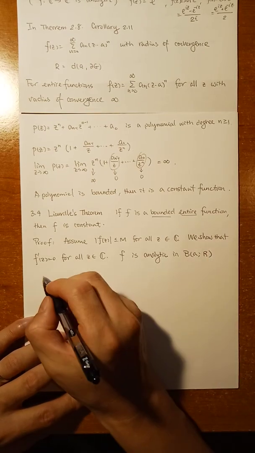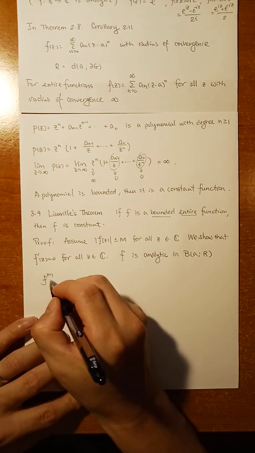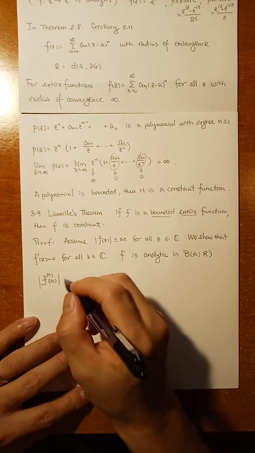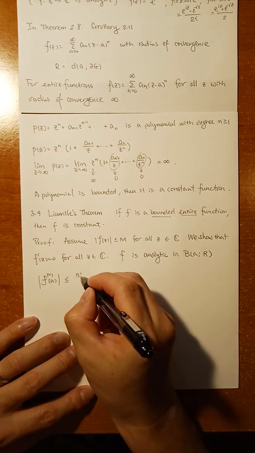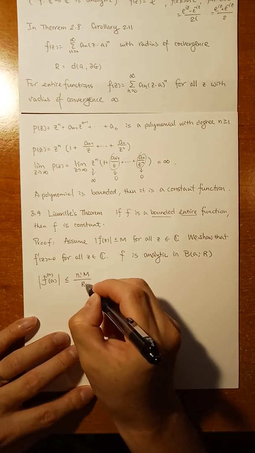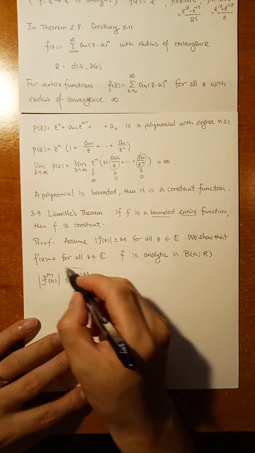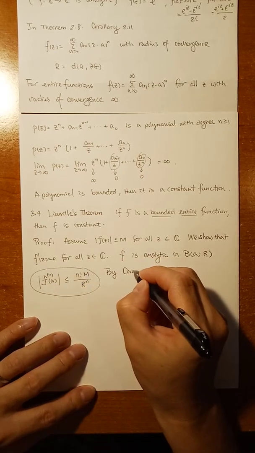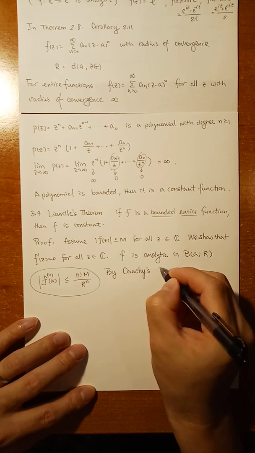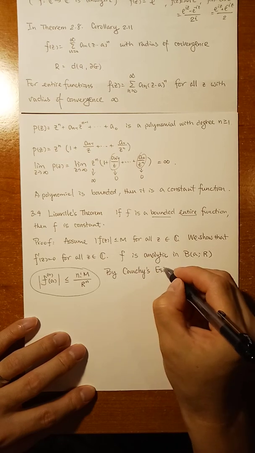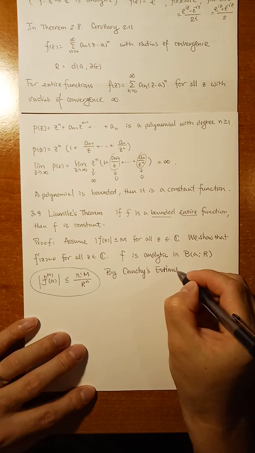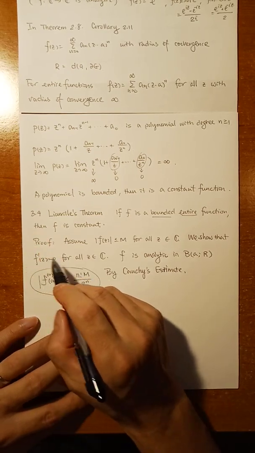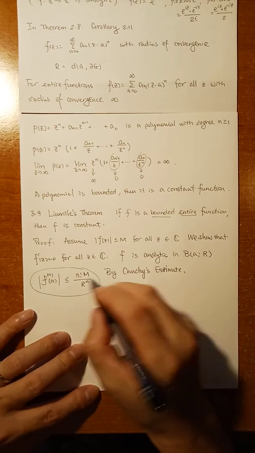Okay, then remember the Cauchy estimate. By the Cauchy estimate, we're talking about the first derivative, so we have n equal to 1.